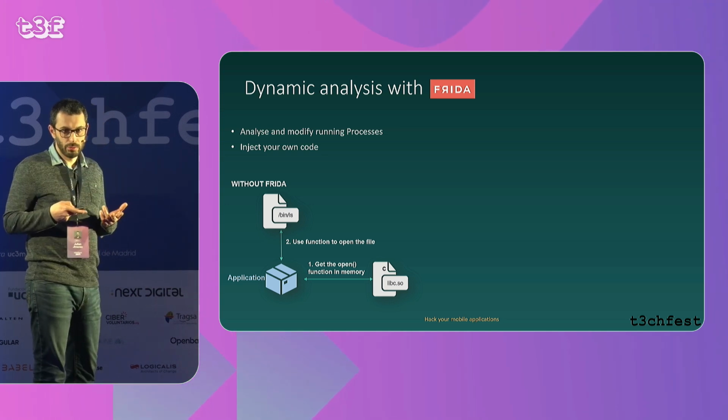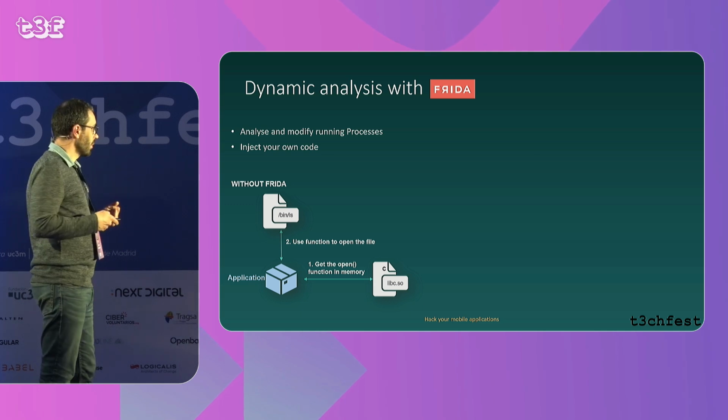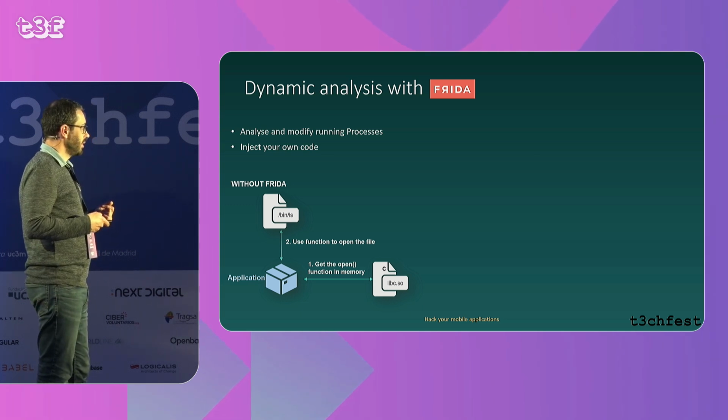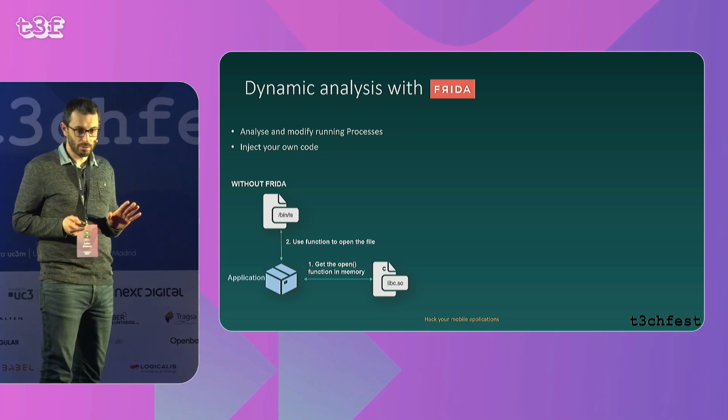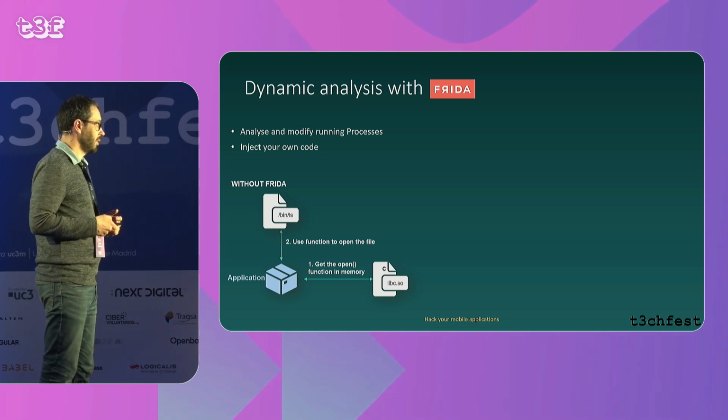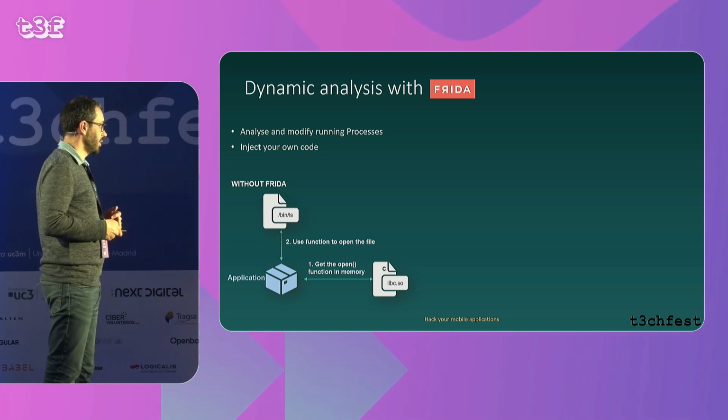While the application is running, it needs the open method, so it will take this method in the memory and run it. This is the classical way; it works like this without Frida.